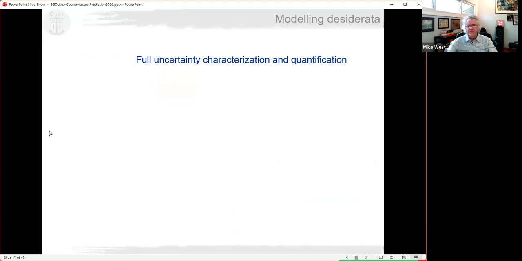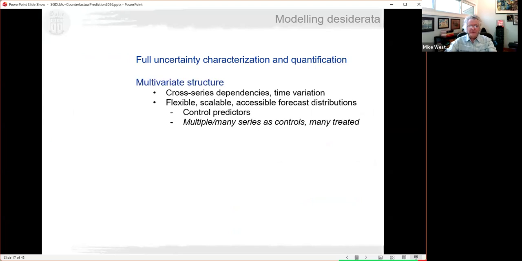Full uncertainty characterization in forecasting is a given. We're all Bayesians today. We're particularly interested in scaling with larger numbers of potential series as controls in particular, but potentially many treated. For example, in the supermarket system, we get promotions which will have hundreds of controls and hundreds of treated series that are running the campaign.